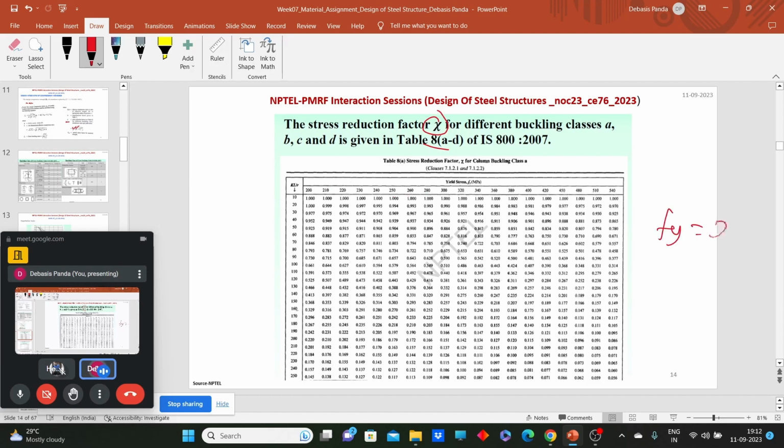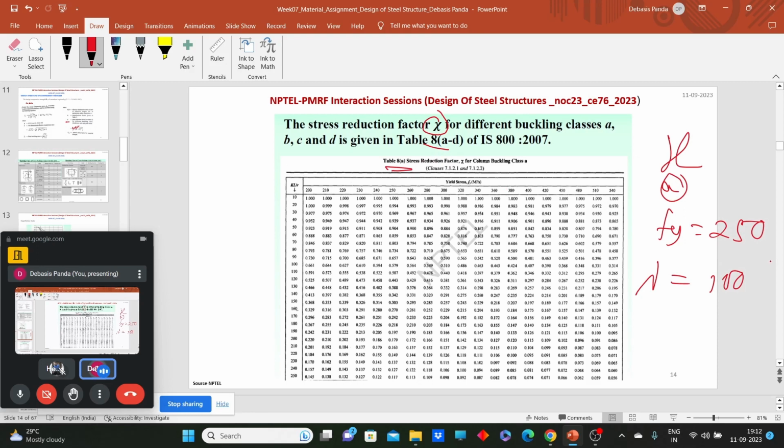Say for example Fy is 250 and lambda value comes as, say for example, 100. So what should be the value of chi here? And this comes under buckling class A, so this is table 8A. That means that table will give the information about buckling class A.